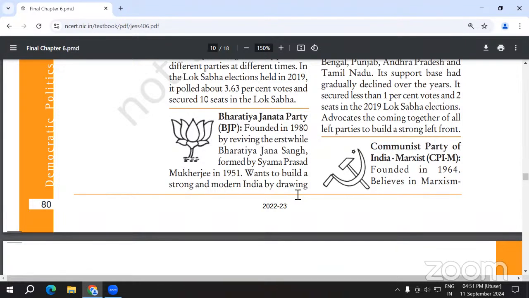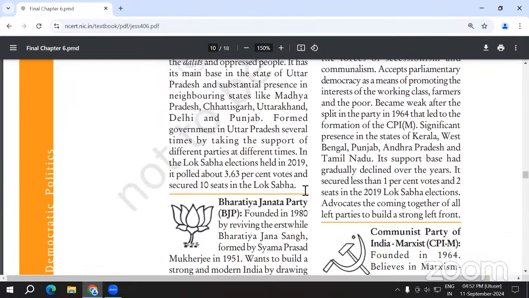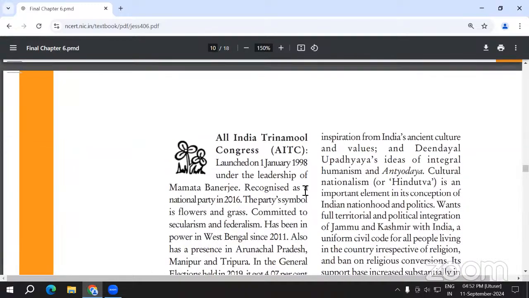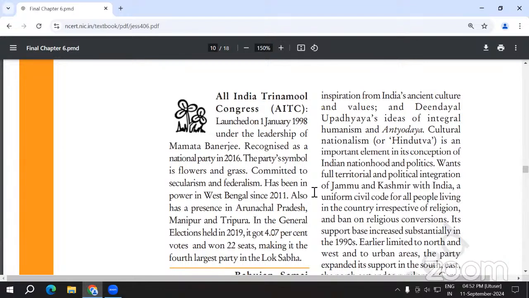First, it wants to build a strong and modern India, drawing inspiration from ancient culture and values.